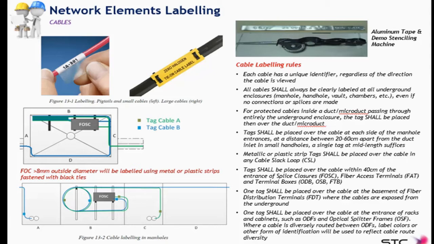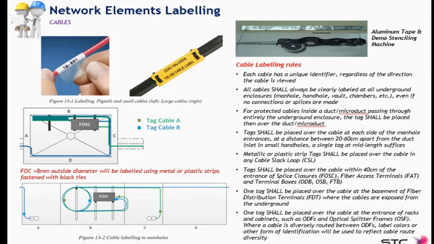Additional to those rules, a tag or a label must be placed on cables at the basements of the FDT, where the cables are exposed and coming up from underground. Also, at the entrance of racks and cabinets, such as ODFs in the exchanges or OSFs as well, where a cable is presenting diversity, so two different connecting routes, the label, color, or other form of identification have to show the protective connection.